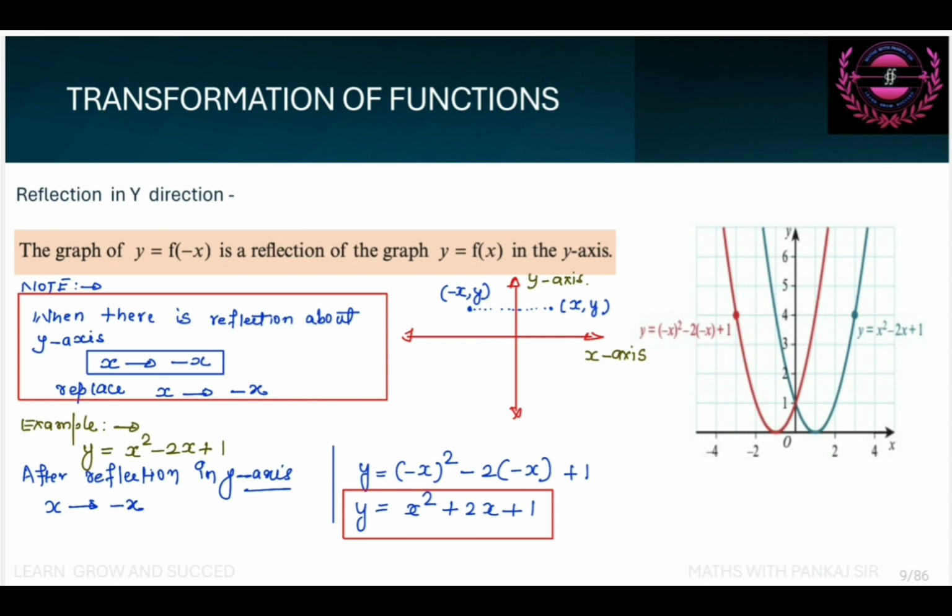And whenever there is translation and stretching in y direction, we will add the value of a to the whole function, and we will multiply the stretch factor with the complete function respectively. And when it comes to reflection, for reflection about x-axis, y becomes minus y, and for reflection about y-axis, x becomes minus x.